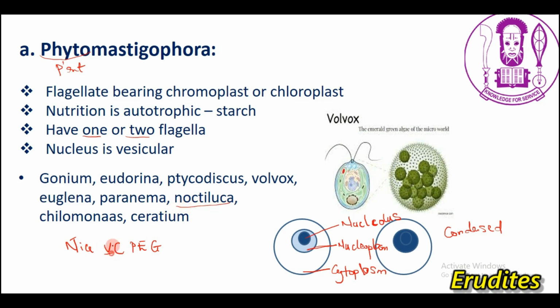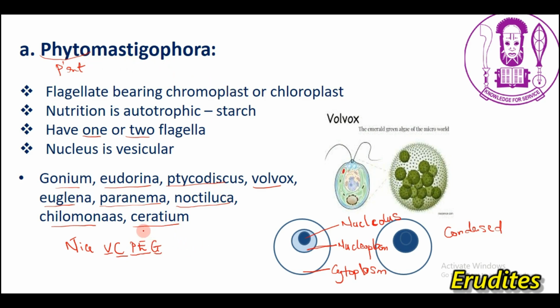The V is for Volvox. C is for Chilomonas. You can also use it for Serratium. P is for Tychodiscus and Paranema. E is for Eudorina and Euglena. Then the G is for Gonium. So these are examples of protozoa under the class Phytomastigophora.